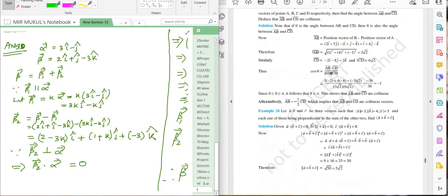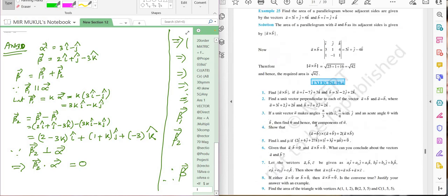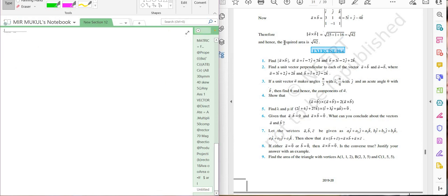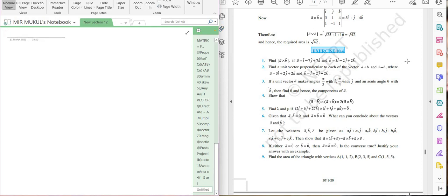And from the exercise, some questions like question number 1 of 10.4, that also I am explaining. That will be the last question, and the rest of the questions you will practice. And if you face any problem, then my contact number, you know, 9394936634, and you can clear your doubts.